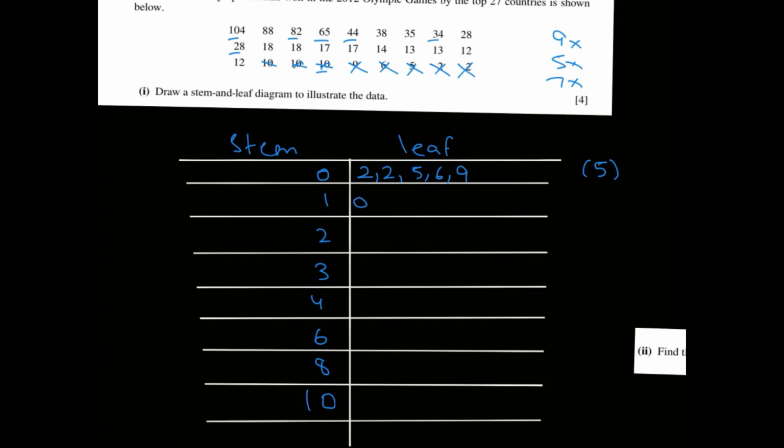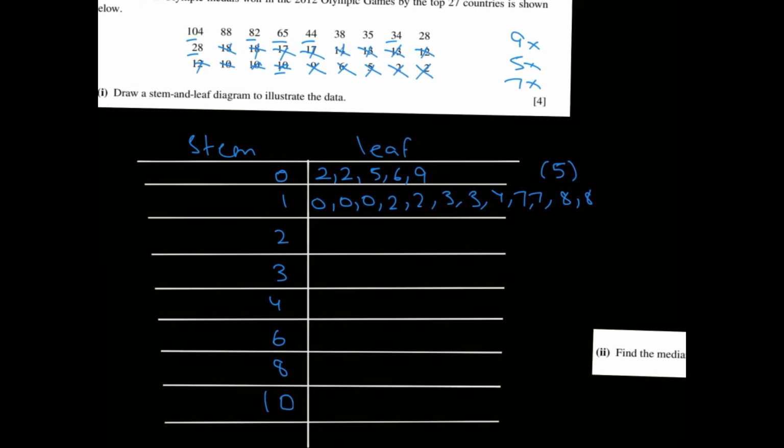We have 3 zeros, 2 2s, 2 3s, 1 4, 2 7s, and then 2 8s. Let's count them: 1, 2, 3, 4, 5, 6, 7, 8, 9, 10, 11, 12. So let's write 12 over here.